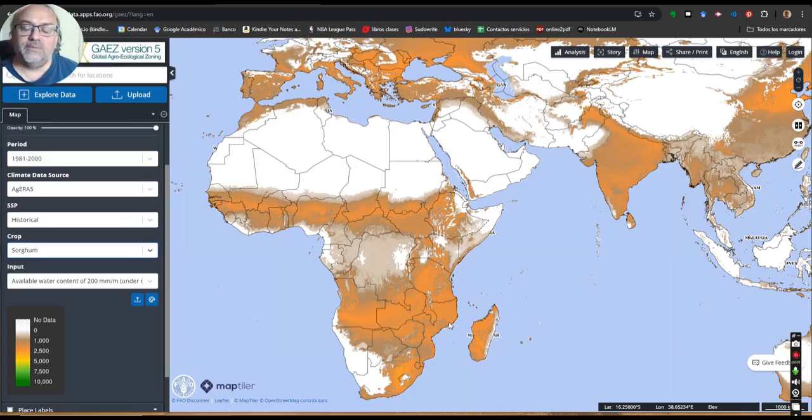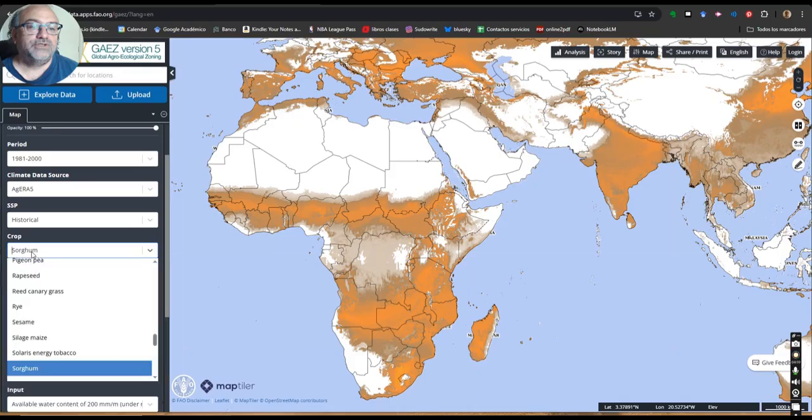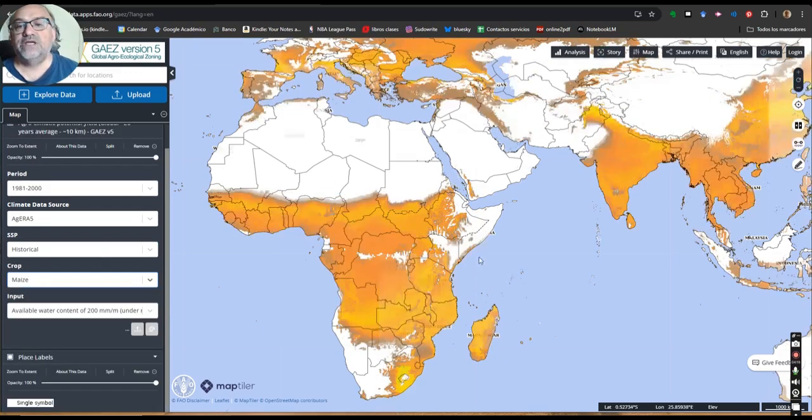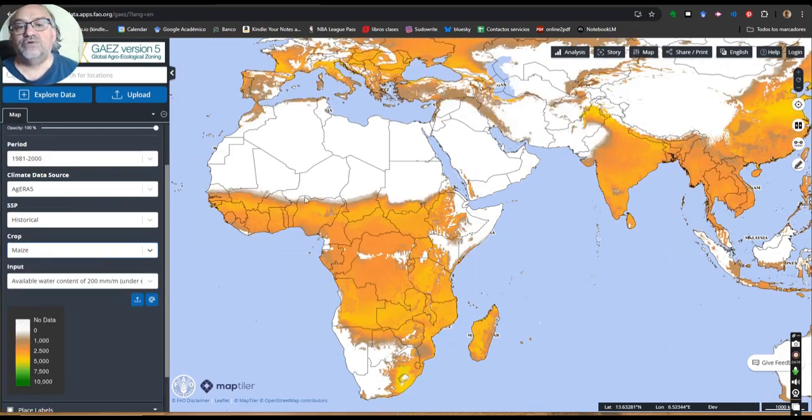So when America was discovered and the American crops became available to the rest of the world, this potential changed. When the wonder crop of America, maize, became available, this clearly increased the agriculture potential for Africa. As you can see here, this is much better.